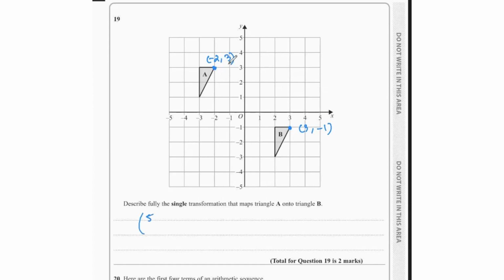And to go from 3 to -1, we subtracted 4. So it's a translation by vector (5, -4). That is your answer.